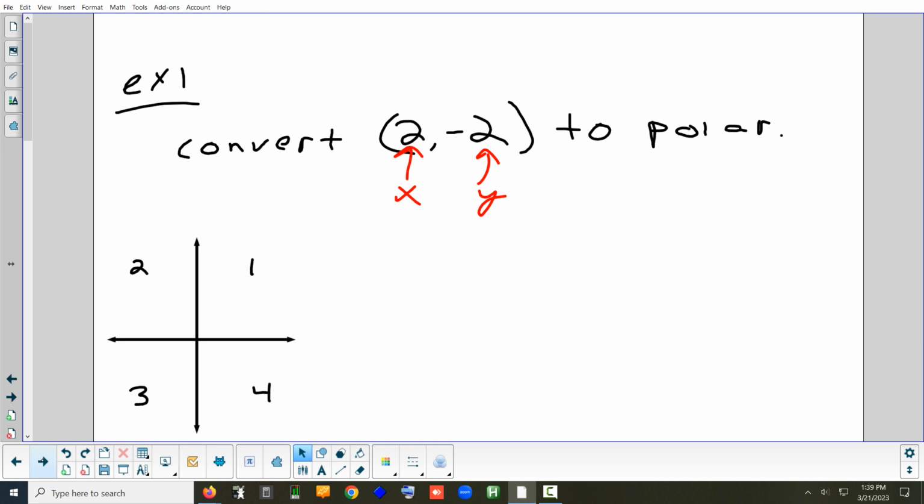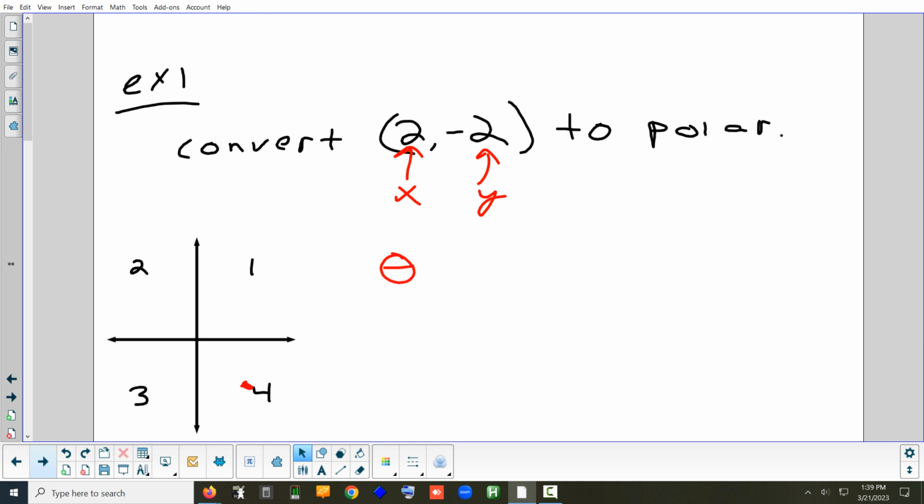So, Brady, what quadrant is that going to be in? Yeah, it's going to be right 2, down 2, so you're going to end up in quadrant 4. Any question on why it's quadrant 4? Right about there. Okay. So let's start with theta.